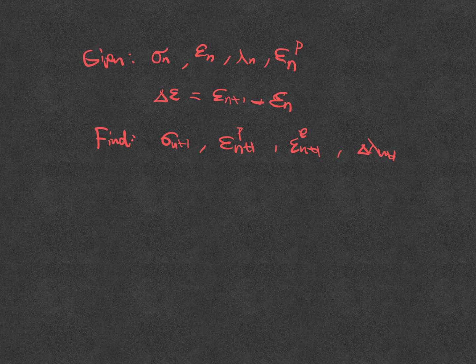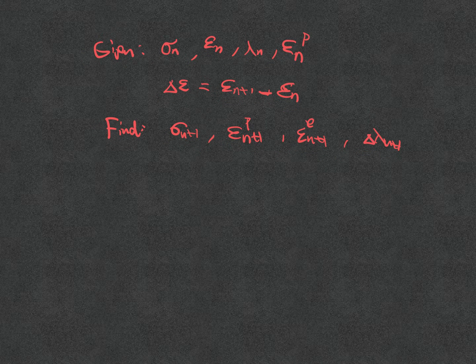This is what I want to find. Does that make sense? And there are already things that I know from the previous lecture. First of all, we already know that lambda dot has to be greater than or equal to 0. Okay, why is that?